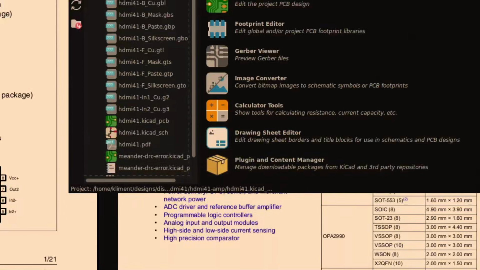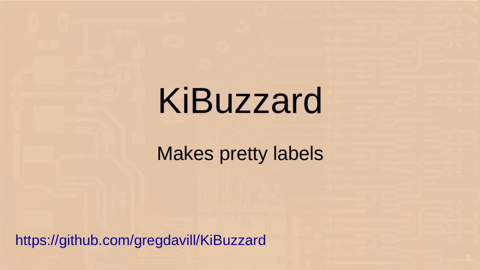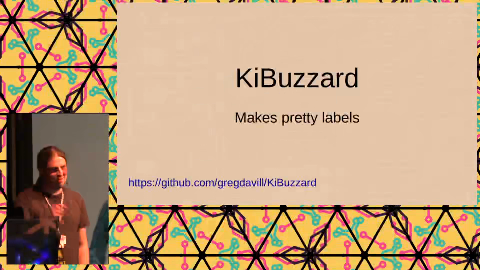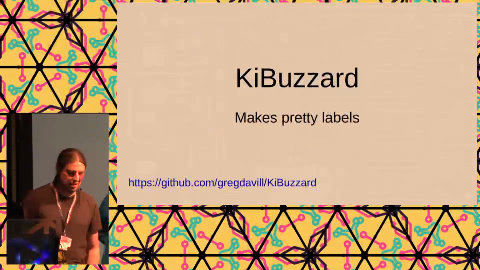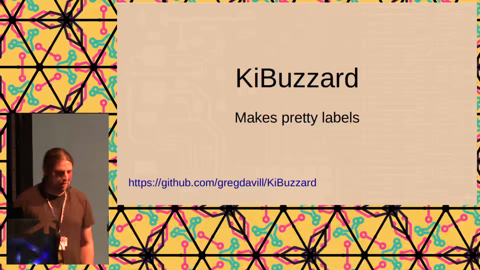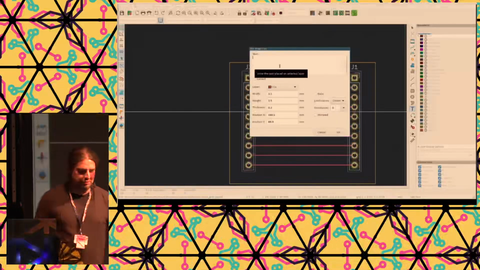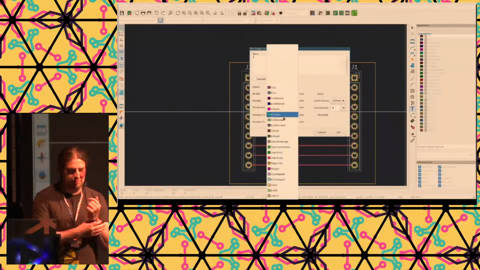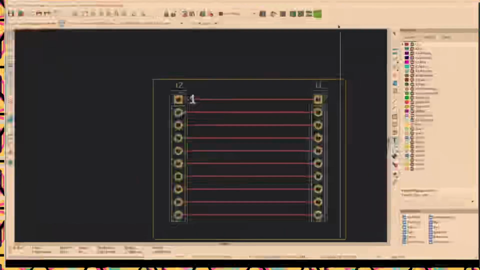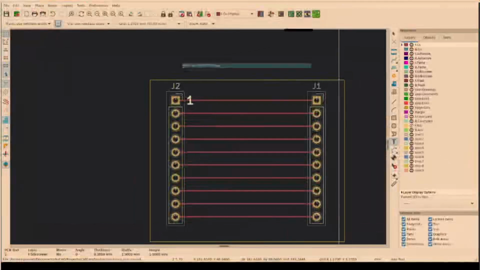Right, over to you. All right, so I'm going to start to show you KiBuzzard, which makes pretty labels. It's in the plugin and content manager we just had. So we prepared a little demo on how that looks. So usually when you have your board and you want to add some text to explain what's happening, you use the text tool, place it somewhere, and you have the boring text with the boring font.